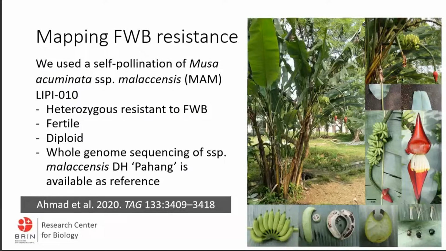The segregating population is equivalent to an F2 population. And why did we choose this banana? Because a relative, the accession malaccensis double haploid Pahang, has been whole genome sequenced, and the sequences are deposited in the gene bank, so we can use the sequences as the reference. This work was already published in Theoretical and Applied Genetics in 2020. You may check it.